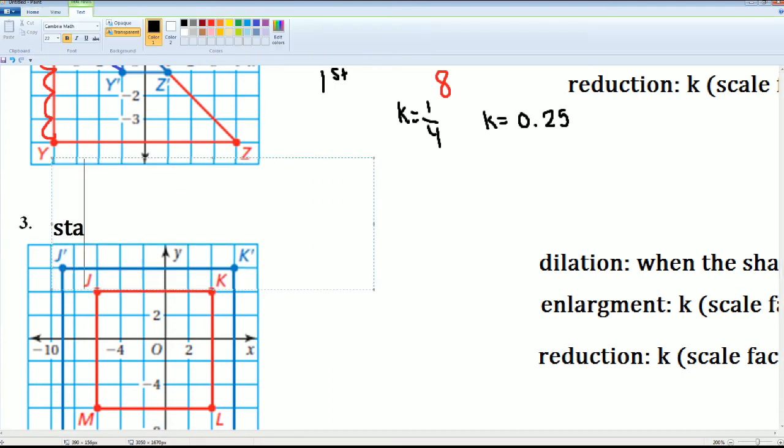The regular letters here were J, K, L, and M, which was our red. And it becomes or goes to the blue, which is J prime, K prime, L prime, and M prime.